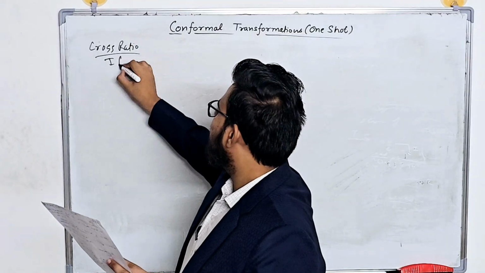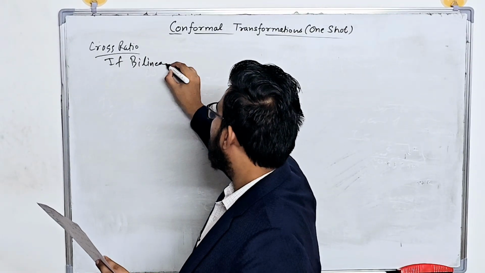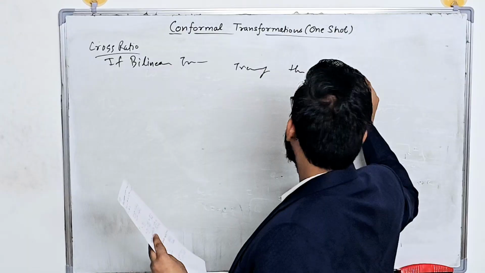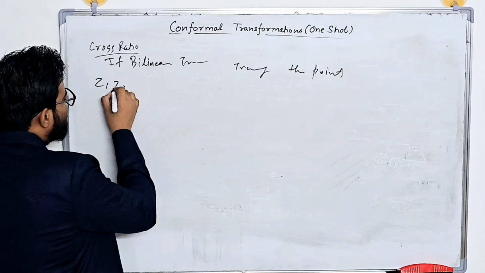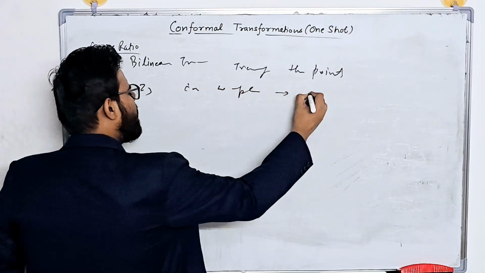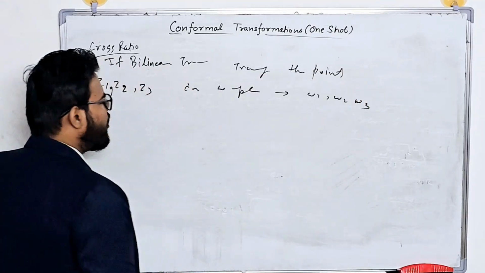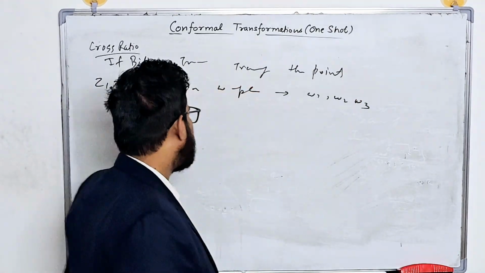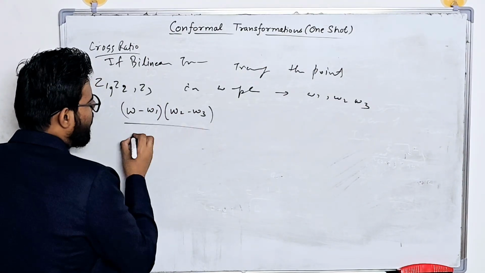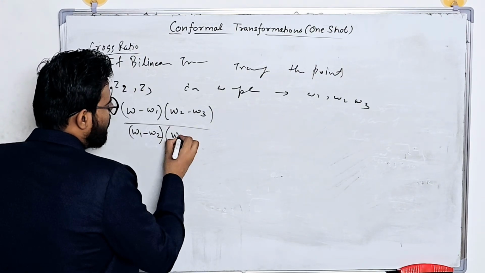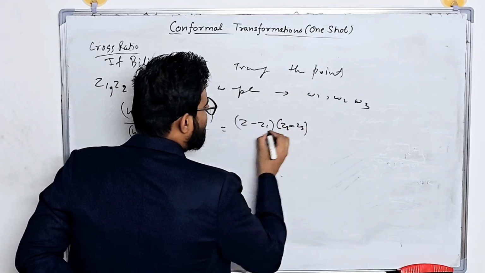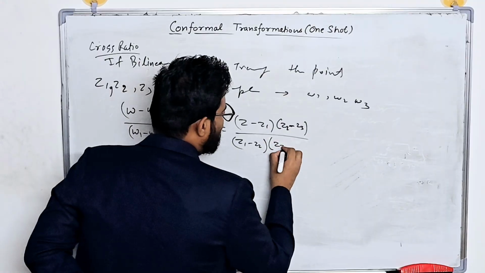If a bilinear transformation transforms the points z1, z2, z3 into the points w1, w2, w3 in the w plane, then the relation between w and z is given by the cross ratio: (w minus w1) times (w2 minus w3) divided by the quantity (w1 minus w2) times the quantity (w3 minus w) is equal to (z minus z1) times the quantity (z2 minus z3) divided by the quantity (z1 minus z2) times the quantity (z3 minus z).